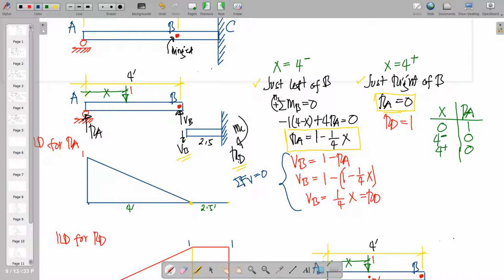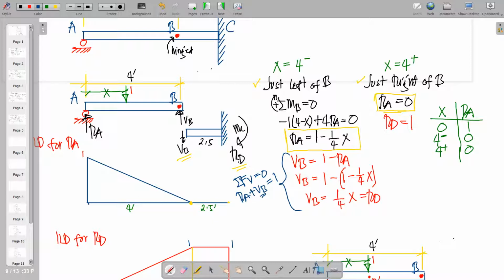We can say that RA plus VB will just be equal to 1. If we solve for VB, we transpose RA and have 1 minus RA. Then we can substitute the value of RA from this and expand.